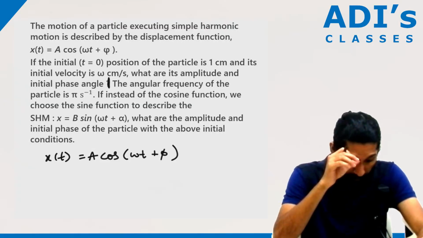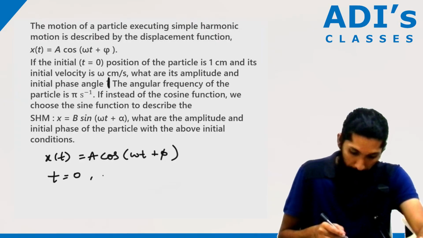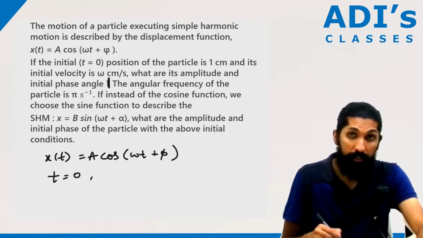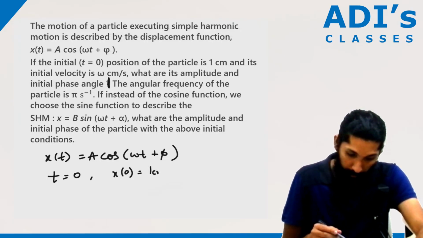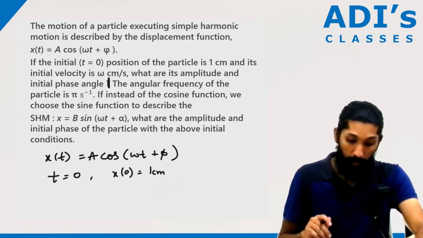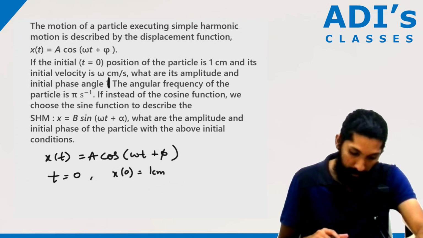The initial position of the particle is 1 centimeter, that means at time t equal to 0, x is 1 centimeter, so x of 0 is 1 centimeter. What else is given? Its initial velocity is omega centimeter per second. What are its amplitude and the initial phase angle?